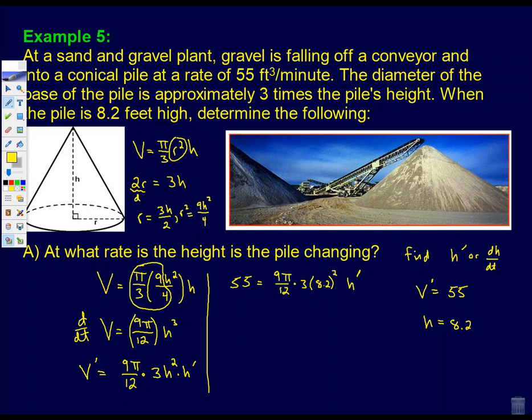To avoid complications entering this into my calculator in a minute, I'm going to type all of this into my calculator first, and then I'll know what I'm going to divide both sides by. I encourage you to pause the video right now and also grab your calculator and work out a number for this entire quantity here.